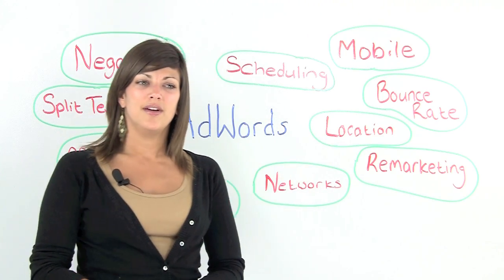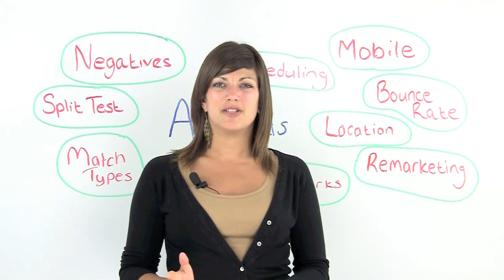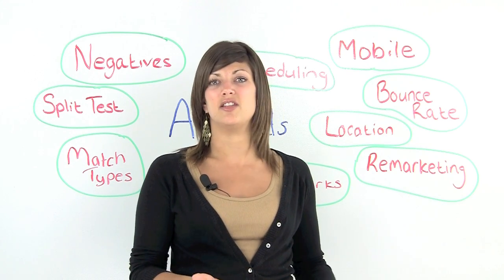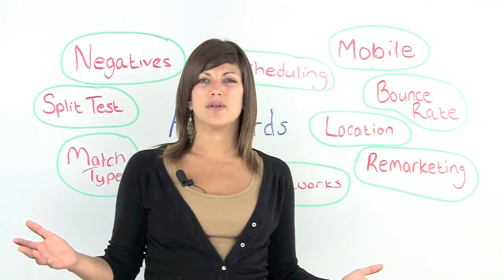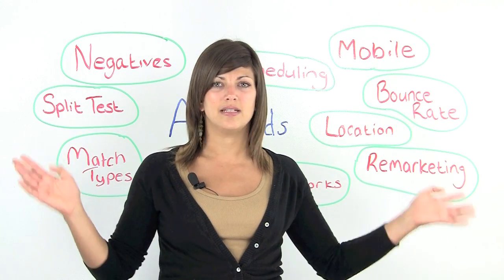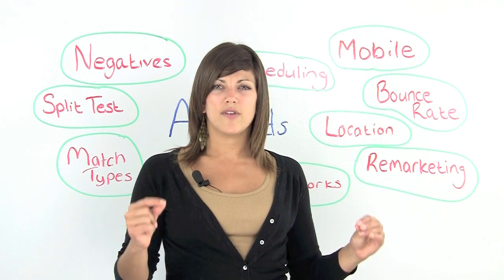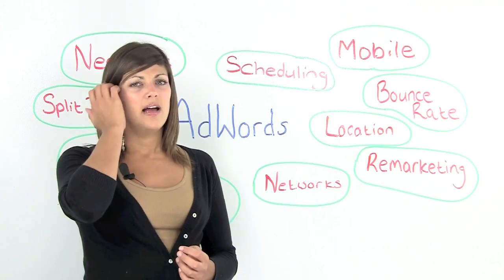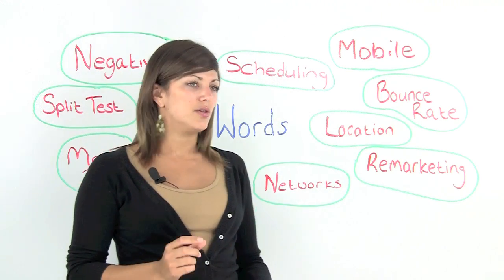Location is another one. We see a lot of AdWords accounts coming to us where people are just primarily looking for targeting customers in the UK, but they've actually got their AdWords account set to target the US and all these other countries. So simple refinements like that can really help save your money. Having a look at the locations that you're targeting as well.